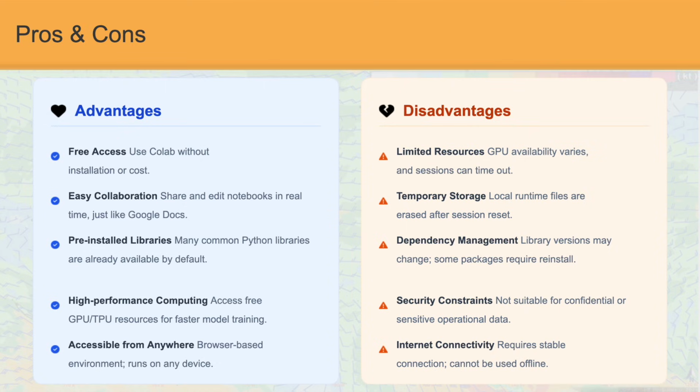Library versions can change over time, and it's not suitable for confidential data because it runs in the cloud. And of course, you need a stable internet connection. Understanding these points will help you use Colab smoothly during the workshop.